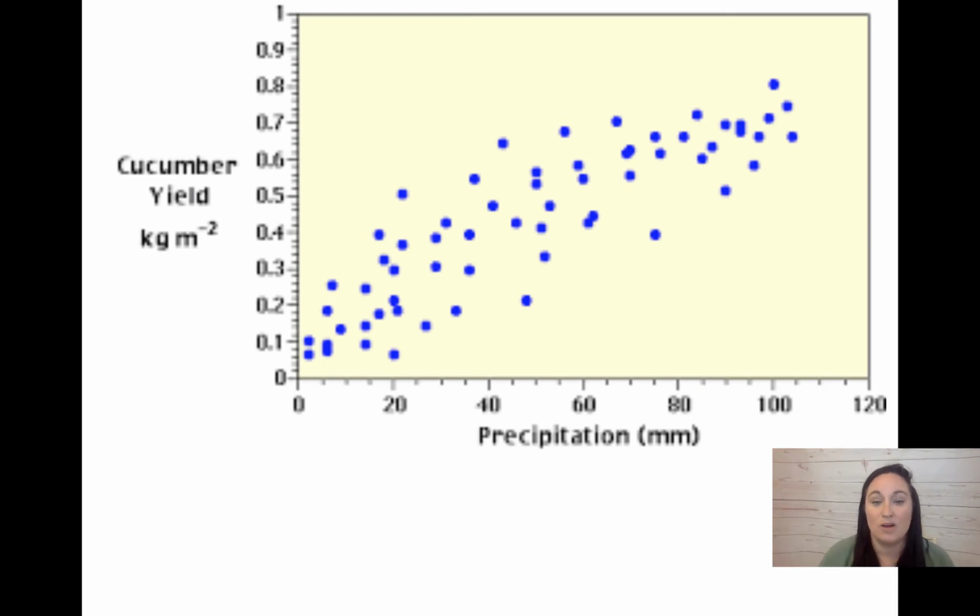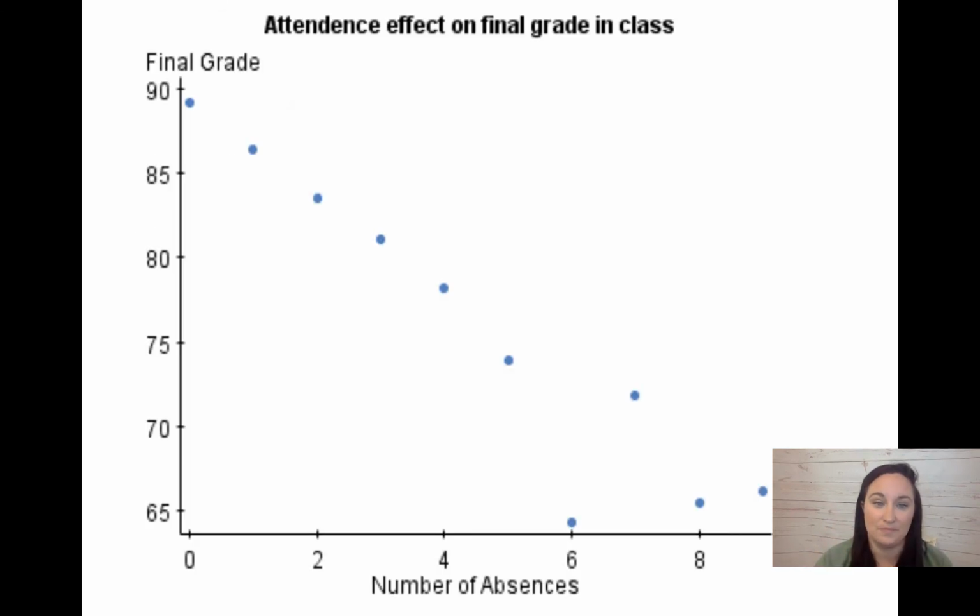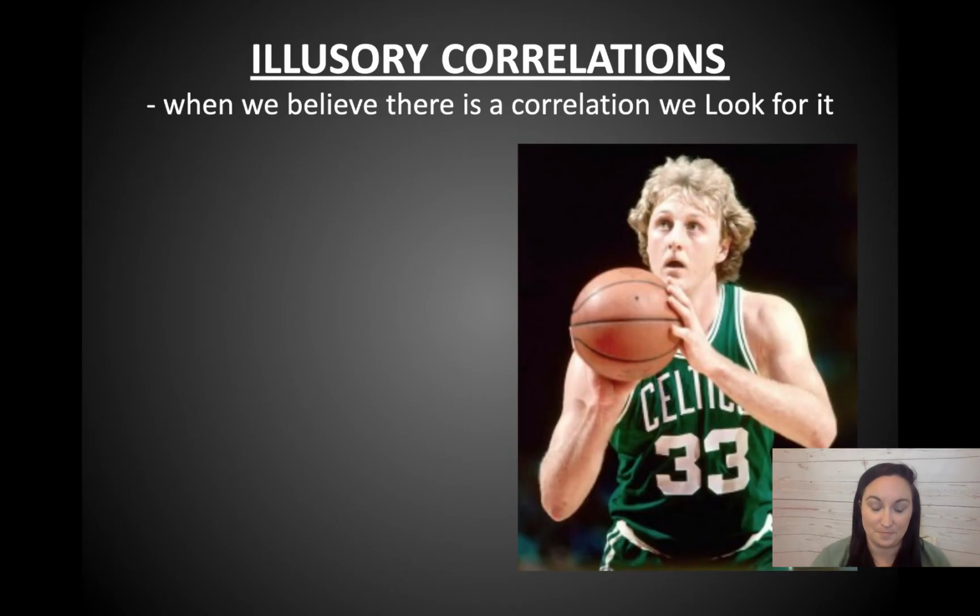The more precipitation, the higher the cucumber yield. So positive correlation. Last one, pause it if you want to practice again. As the number of absences increases, the final grade decreases. So negative.